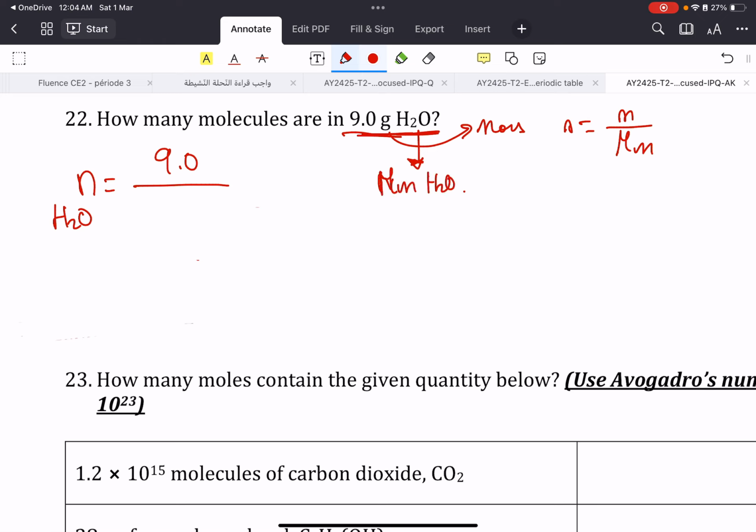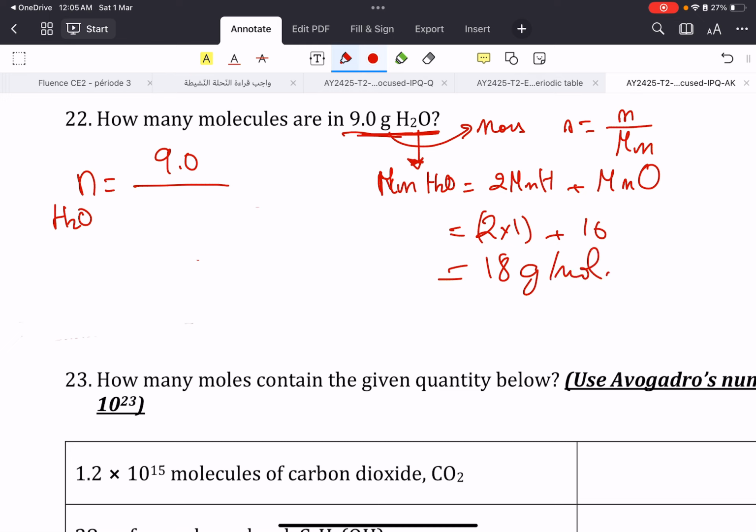Molar mass of H2O is twice the molar mass of hydrogen plus the molar mass of oxygen. These molar masses are the larger numbers given in the periodic table. So it's 2 times 1 plus 16 equals 18 gram per mole. So here I will substitute with the 18 gram per mole and the final answer is 0.5 mole of H2O.